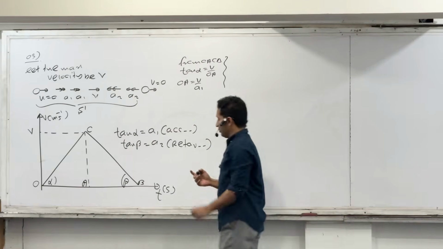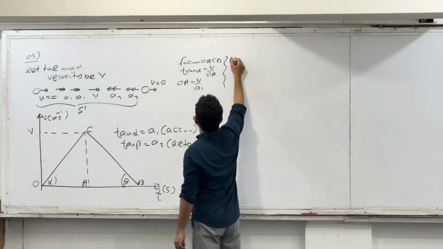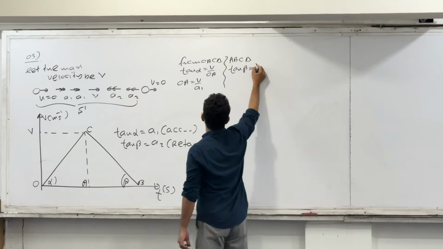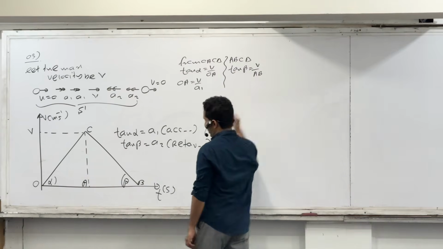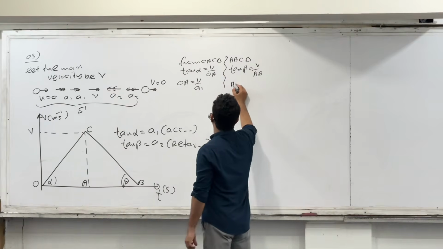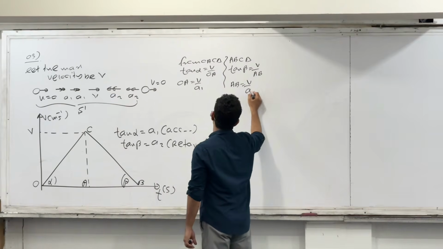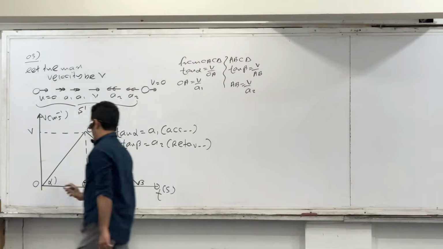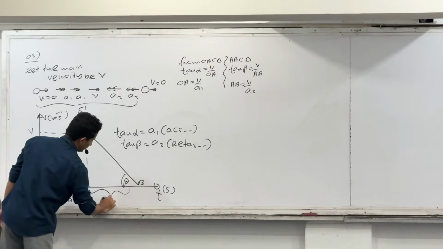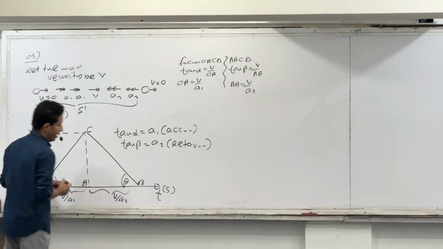Similarly, from triangle ABC, tan beta equals v divided by AB. Then AB equals v over a2.